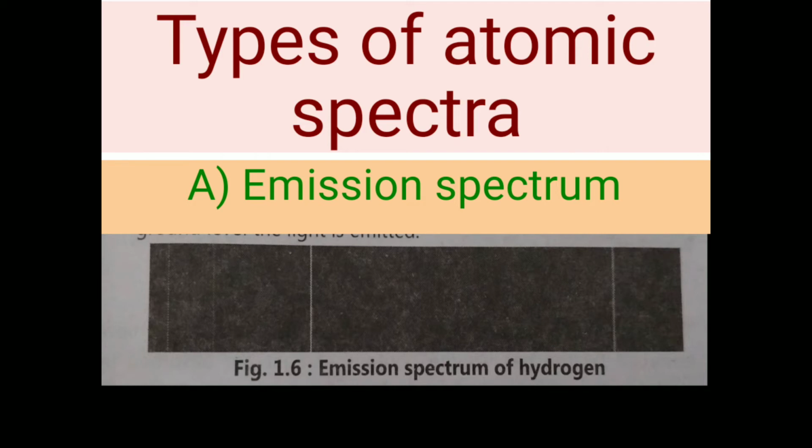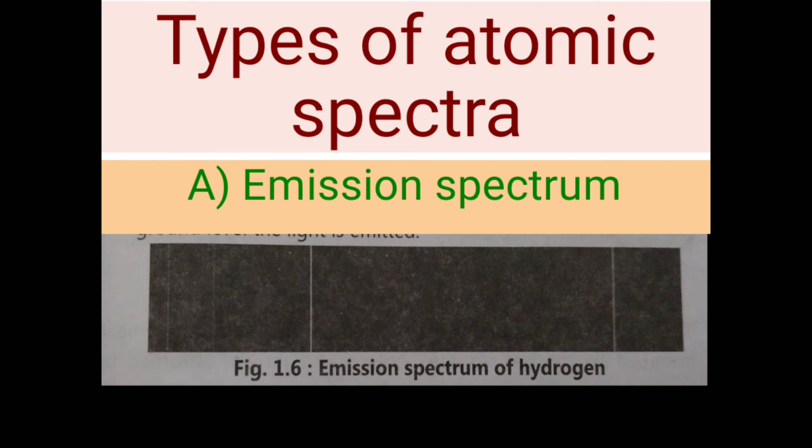The spectrum we obtain from that radiation will create only some specific wavelengths of light on the screen. That spectrum is called the emission spectrum.